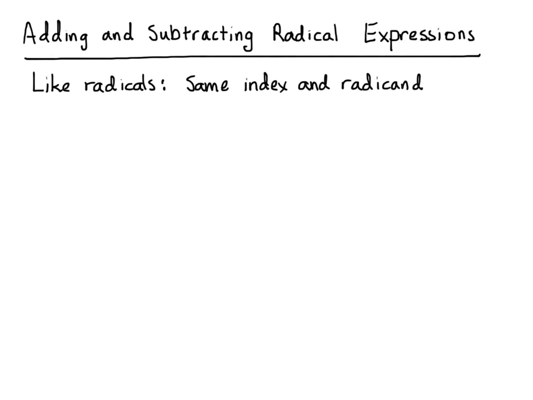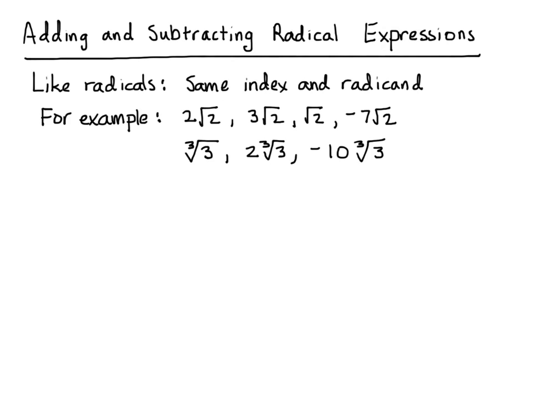And so what we mean by this is that they have the same index and the same radicand. What I mean by this is that all of these on this first line, 2 root 2, 3 root 2, just the square root of 2, negative 7 root 2, these are like radicals, because they all have the square root of 2 in them.